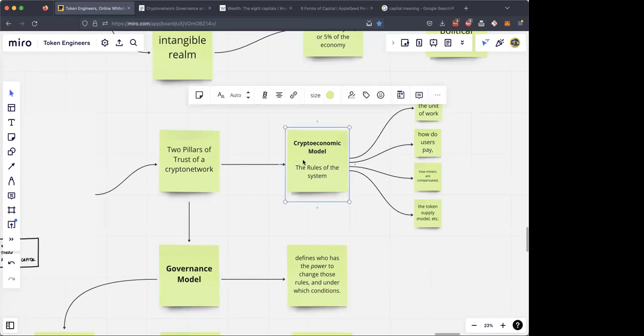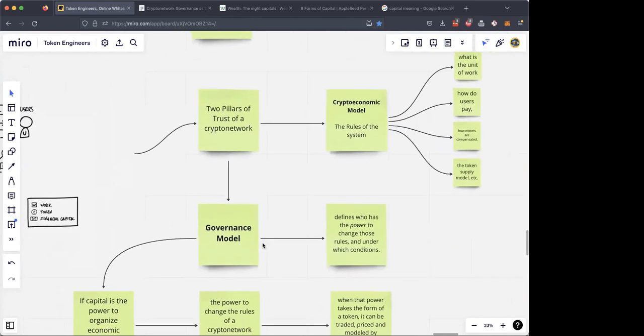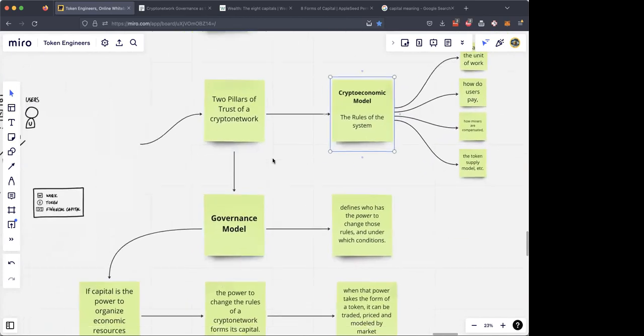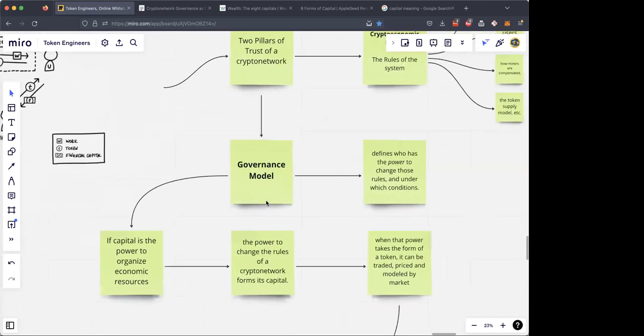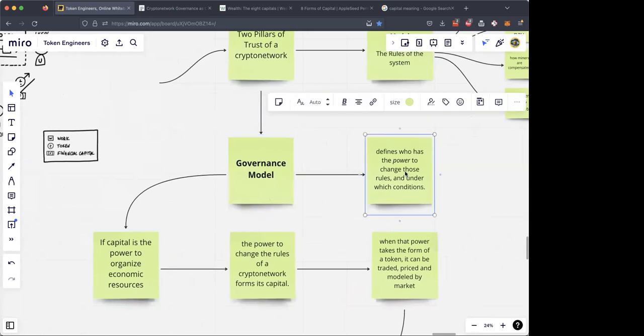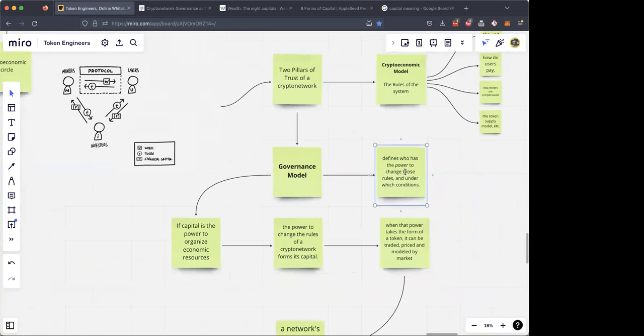Earlier on, we were talking about Dogecoin, and the crypto economic model there is not trustworthy. So we're not thinking about it as a trustworthy crypto economy, but maybe it has an amazing governance model. It doesn't matter because the crypto economic model is a Ponzi. And the governance model tells us who has the power to change the rules, under which conditions.